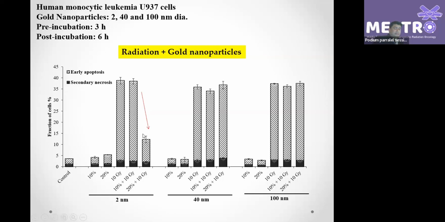Surprisingly, 2 nanometer can suppress cell death, while 40 and 100 do not have much effect on radiation-induced cell death. This shows that if the size of nanoparticles is small, they are actually not helping the patient, and instead provide a mitigating effect towards radiation, or radioprotection.